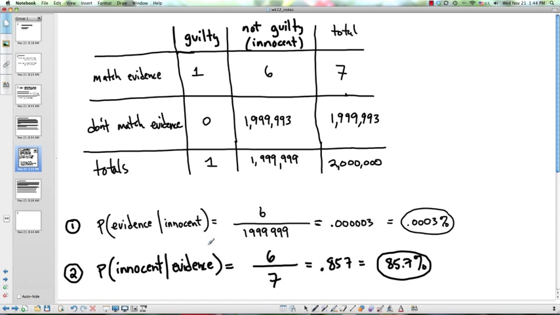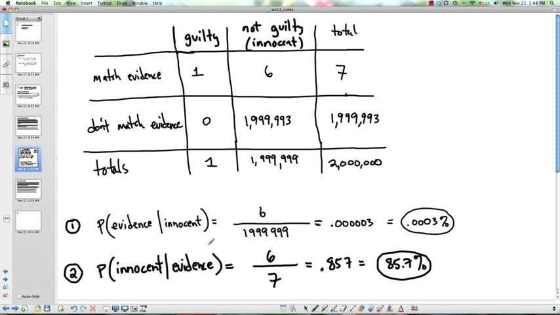The prosecution would actually have to have other things besides just the statistics and the data that I've given. They'd have to have perhaps other kinds of things that connected the person to the crime. Not that they're one out of seven people that match the evidence.